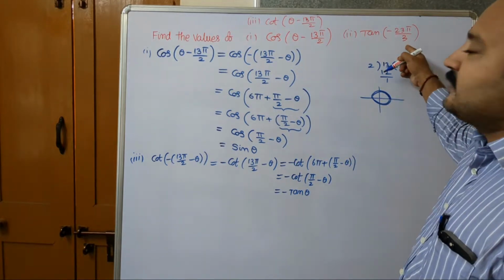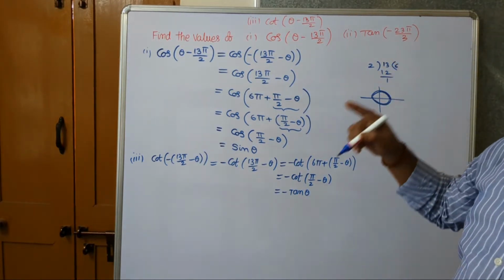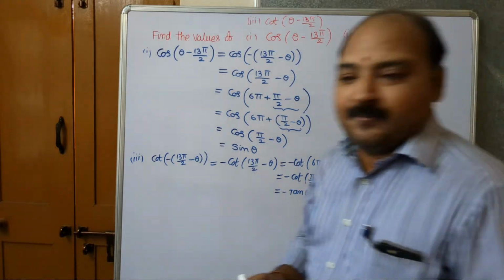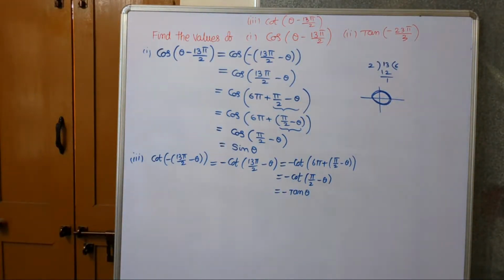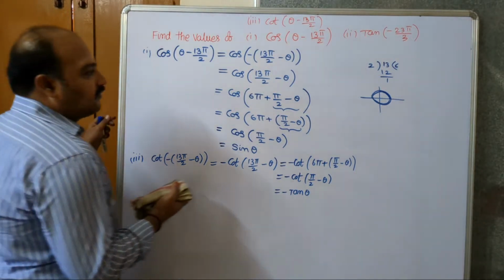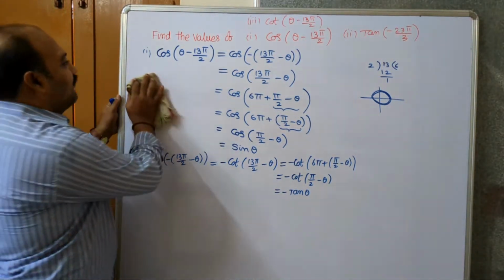Now, I am going to explain about tan of minus 23 pi by 3. Just I will rub this and I will explain.